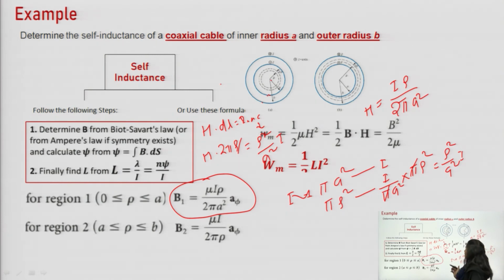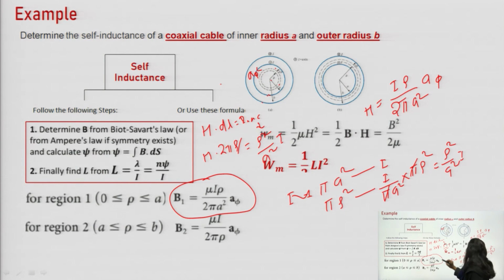For the direction, if the current is coming outside, then the fingers curled in a circle will give the direction of H. In the inner conductor the current is coming outside; if we point the thumb towards the direction of current, then the fingers will give the direction of H. In cylindrical coordinates, this direction is denoted by a phi.